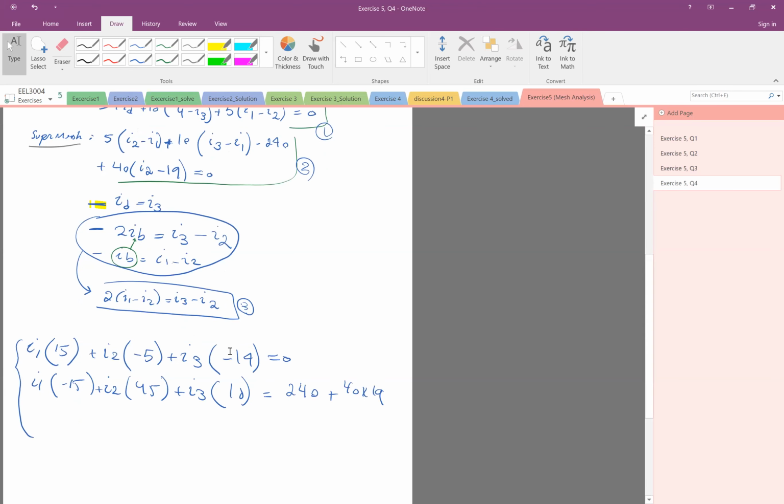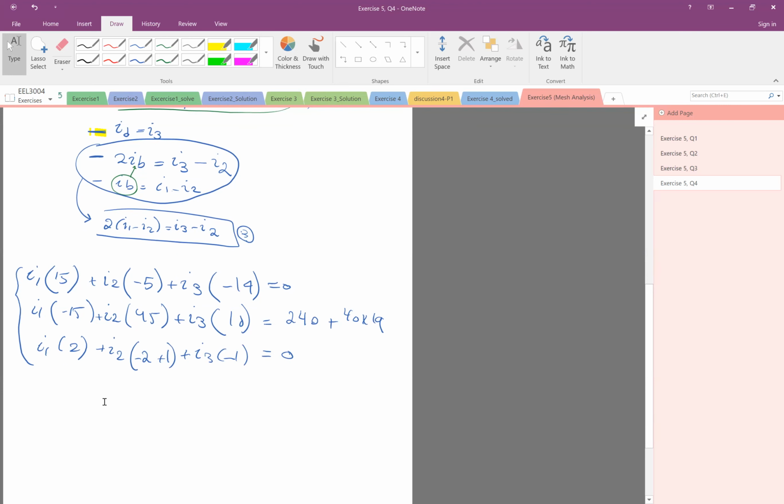And then the third equation, I1 times 2, then I2 times -2, plus I2, minus I3, equal to 0.